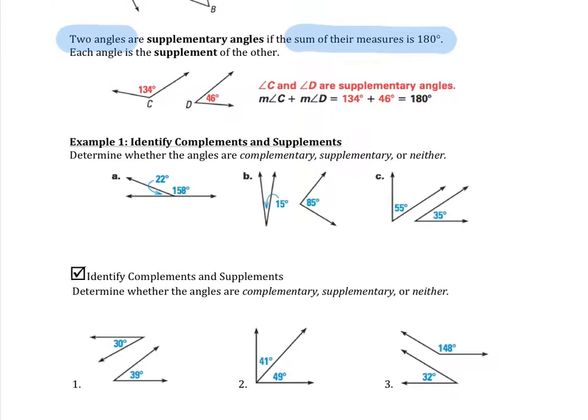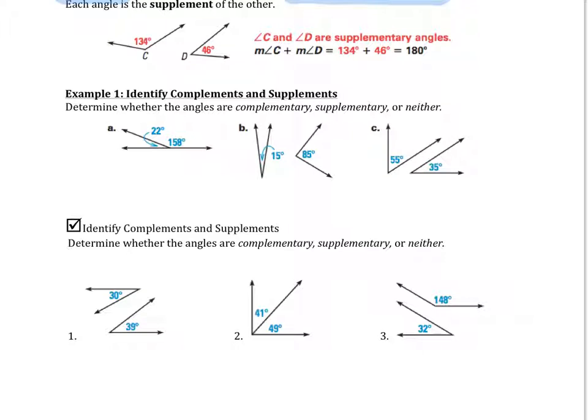Okay? So we're going to identify complementary, supplementary, or neither. So the first thing you want to do is add up their measures. And this adds up to 180, so these are supplementary.